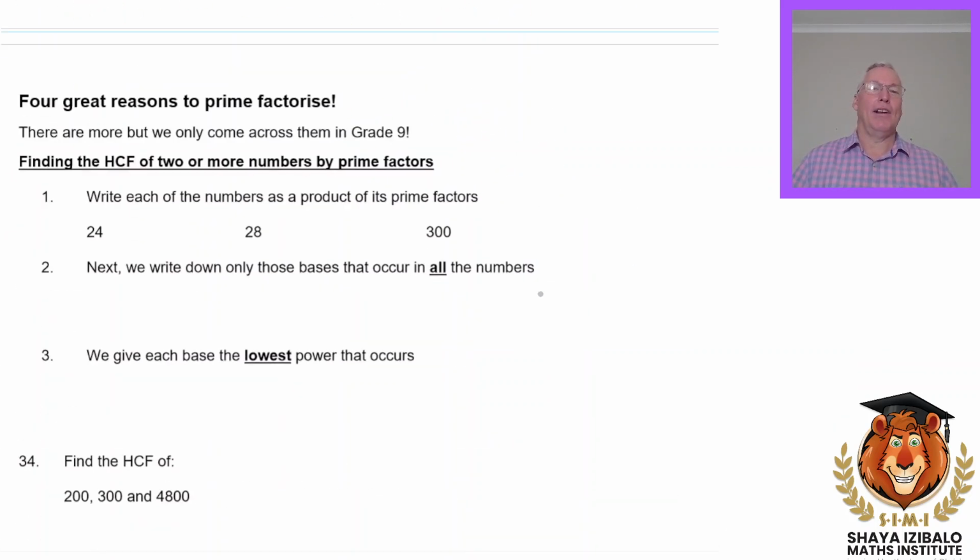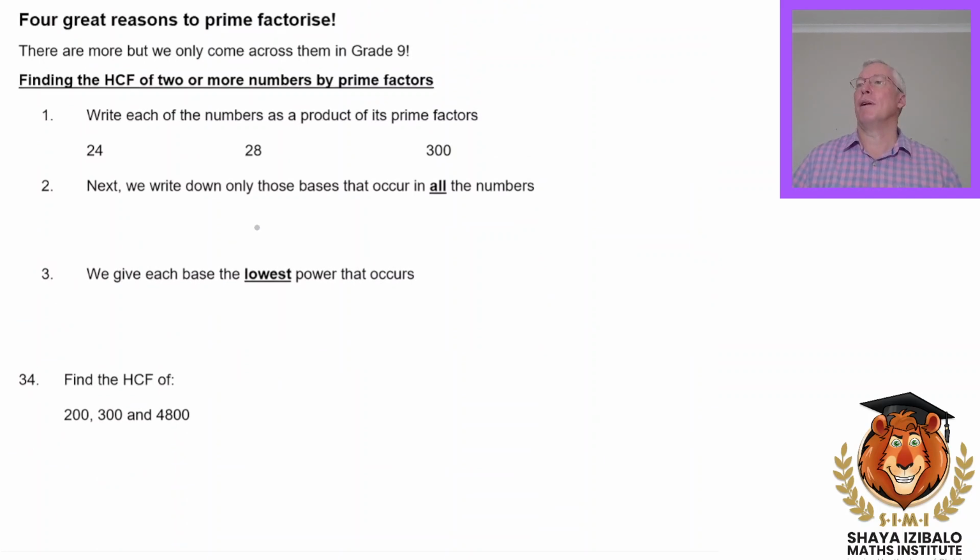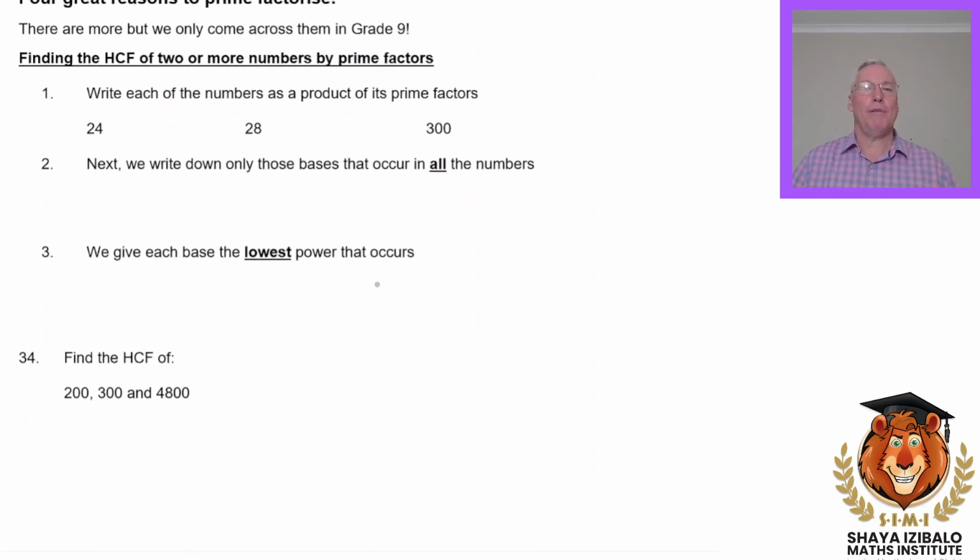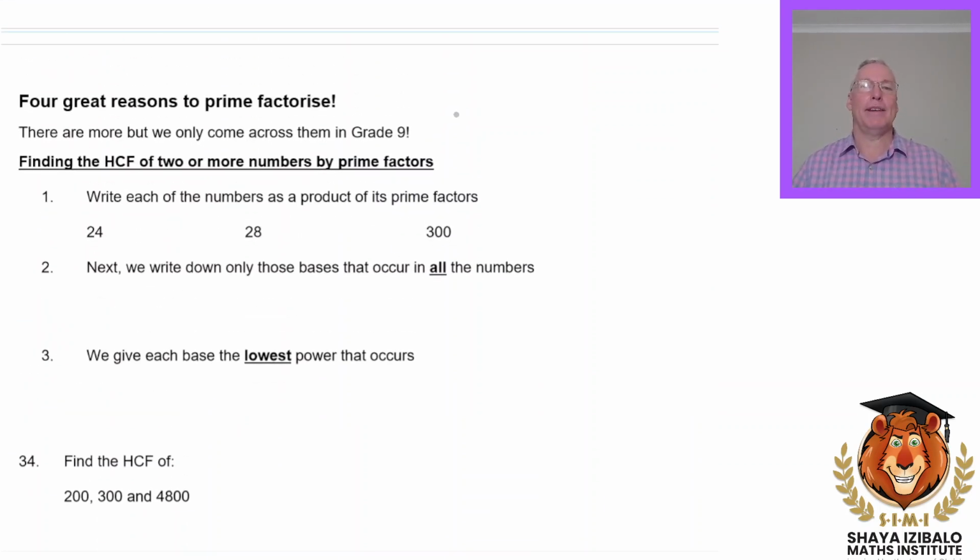Okay, let's now look at 4 great reasons to prime factorize. When we prime factorize a number, it's like finding out what makes up that number, what its building blocks are. So let's quickly prime factorize these numbers. With practice, one gets better and better, but 24 is 8 times 3. 3 is prime, 8 is not, but 8 is actually 2 cubed.